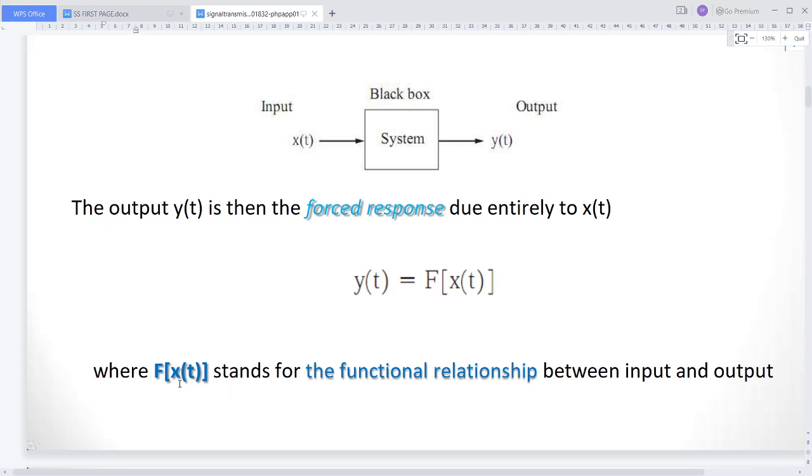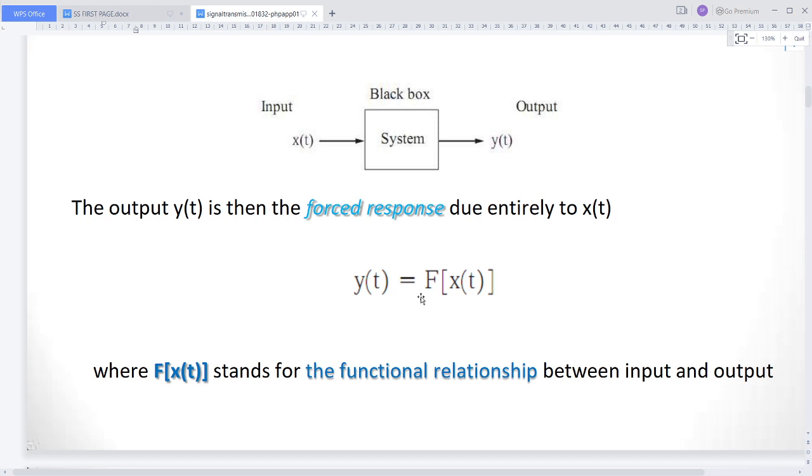Where f of x of t stands for the functional relationship between the input and output. y of t is the output signal. How did we get the output signal? By applying some operations on x of t, we got that y of t. These operations are applied inside the system, and so this functional relationship is also named the transfer function. f is also called the transfer function.